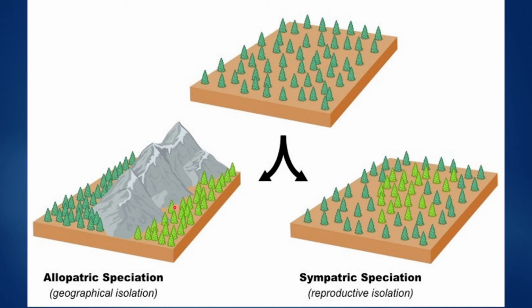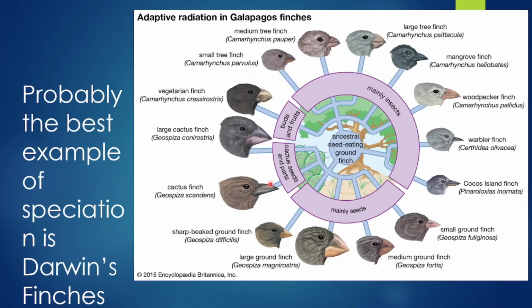So these are the two speciations in ecological speciation. Probably the best example of speciation is Darwin's finches. In the Galapagos Islands, when Charles Darwin went there on an expedition, he noticed that the finches have different beak shapes, and he concluded that the ancestral ground finch in the Galapagos Islands were seed eaters.